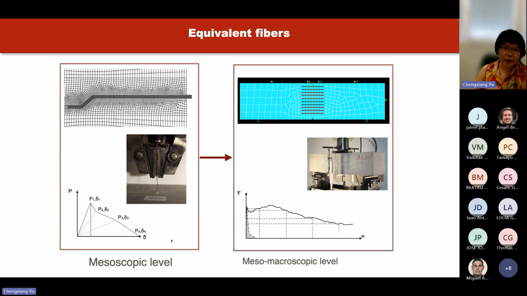So now let's come to the transition to the second level of the model. Let's say we are able, at the mesoscopic level, to capture the pull-out behavior well. How do we translate this behavior to the macroscopic level?